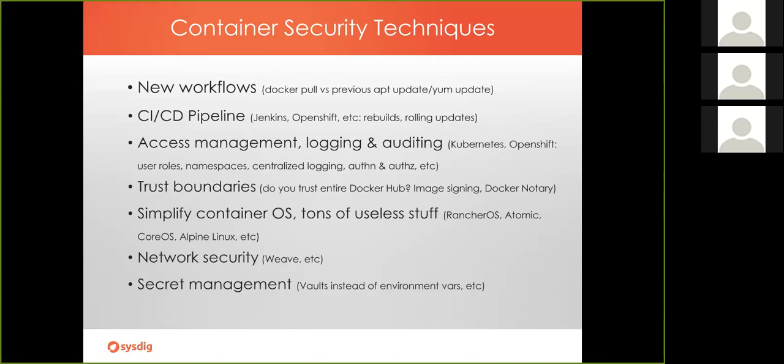So the workflow is changing a lot, and it's worth talking about a specific area, which is the continuous delivery and continuous integration pipeline. We have seen that that's very easy, or at least easier to do when running containers. We have Jenkins that can easily deploy my applications from a source code repository into my container platform and do rolling updates.